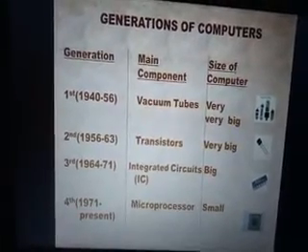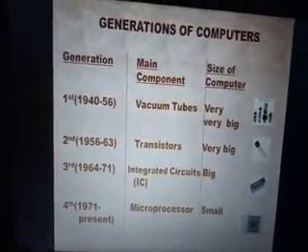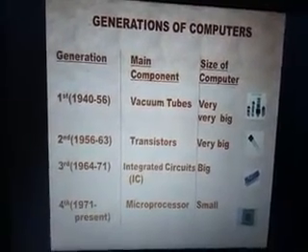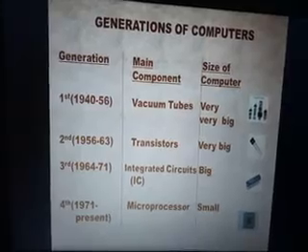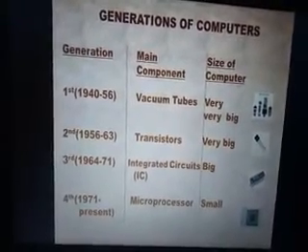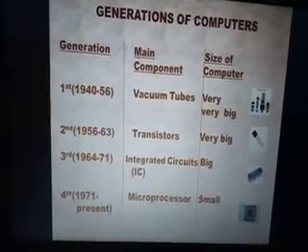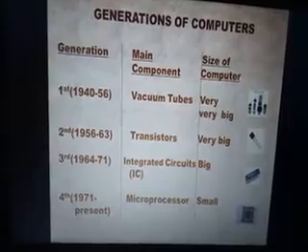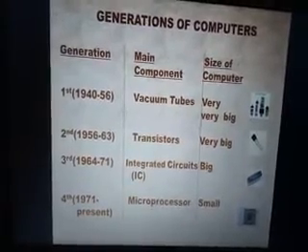Third generation from 1964 to 71. And the fourth generation from 1971 to the present. This means that right now we are using fourth generation computers. The laptops, the desktop computers, the tabs, even the smartphones we are using, these are all fourth generation computers.